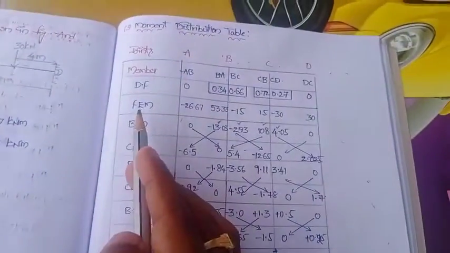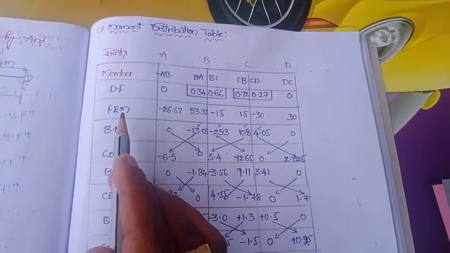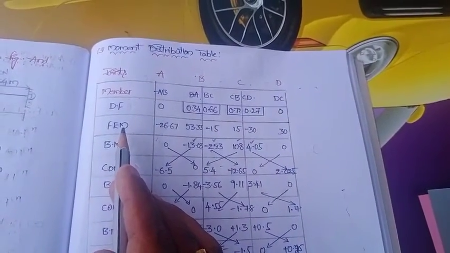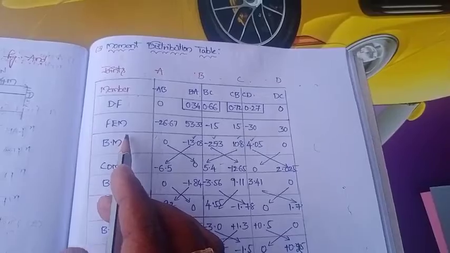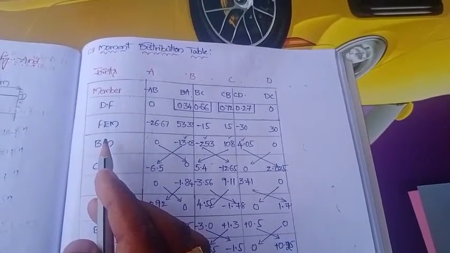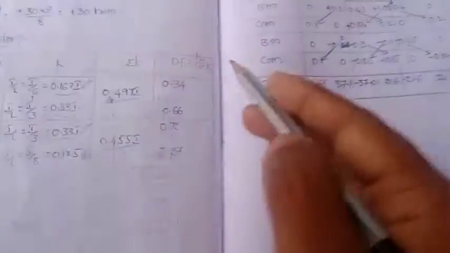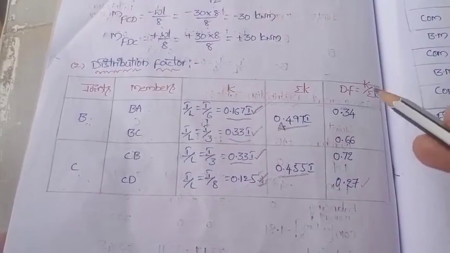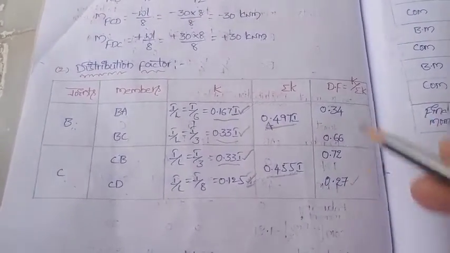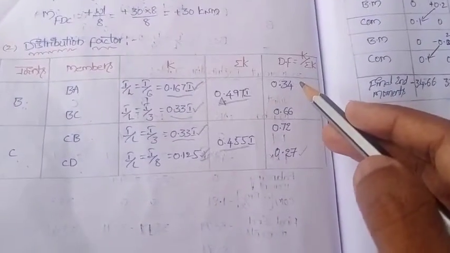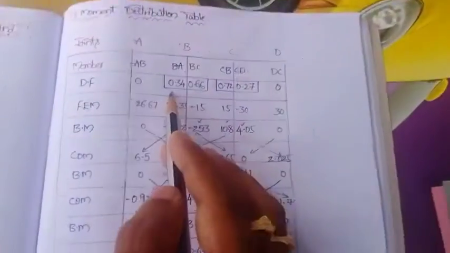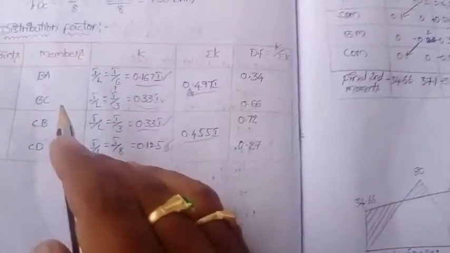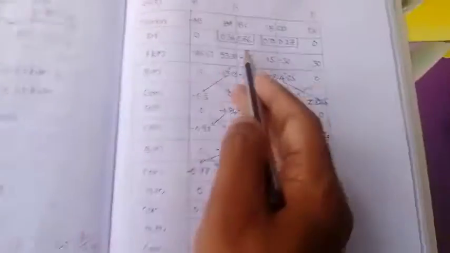Next, we take the distribution factors for the joint members. We have to take the distribution factors for all members of the joints. The distribution factors were already found in the second step. So the distribution factor for BA is 0.34. For BC is 0.66.